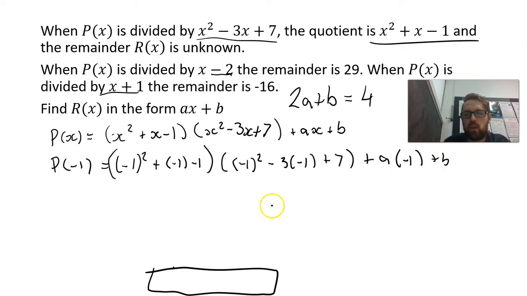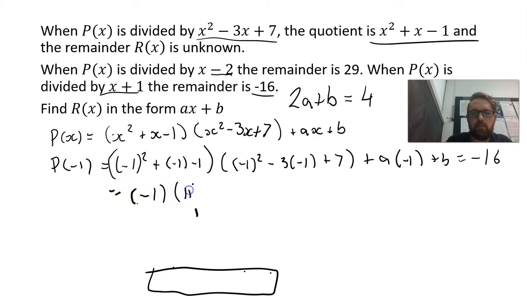All of that equals negative 16. Computing that, we get negative 1 times 11, take a plus b, equals negative 16. Therefore negative a plus b equals, moving that to the other side, negative 5.